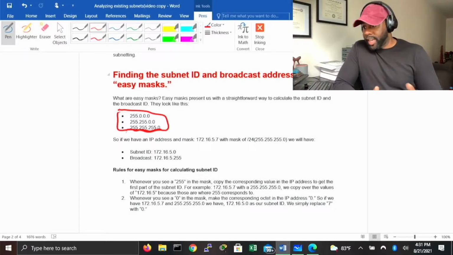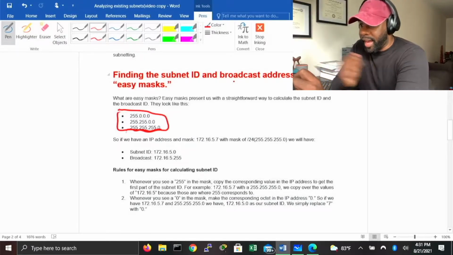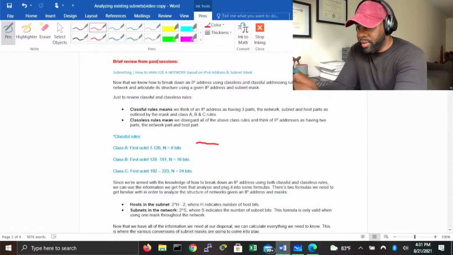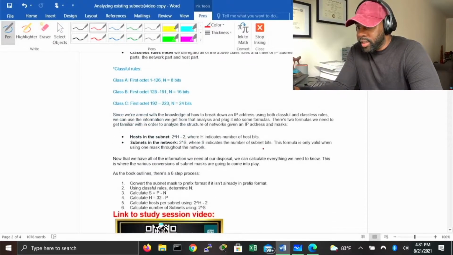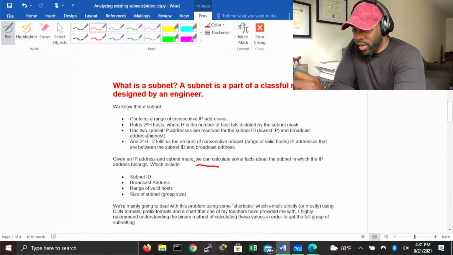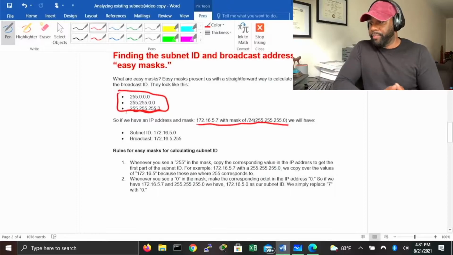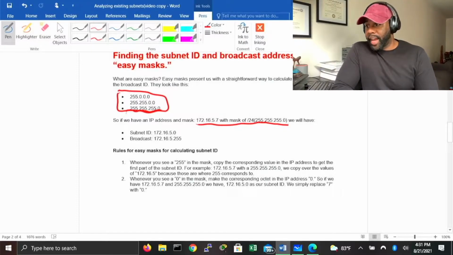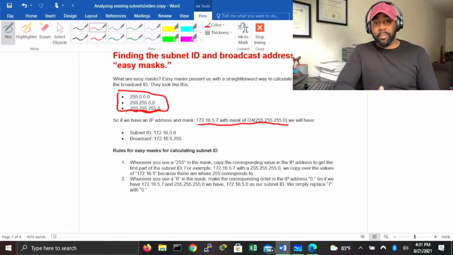So let's use an example real quick. If we have an IP address and mask of 172.16.5.7 with a mask of /24, which is, if we do our conversion, 255.255.255.0, what's going to be the subnet ID and broadcast address?